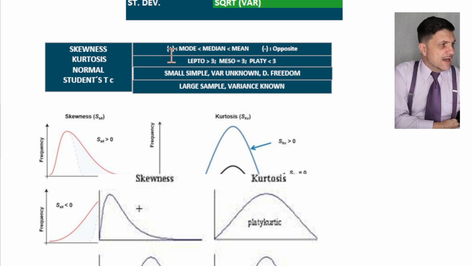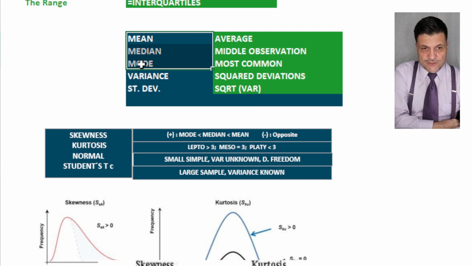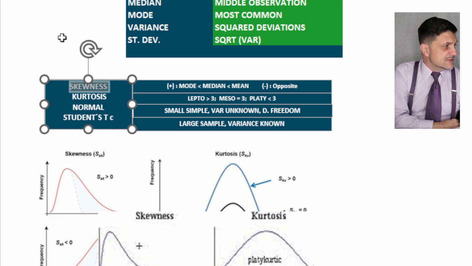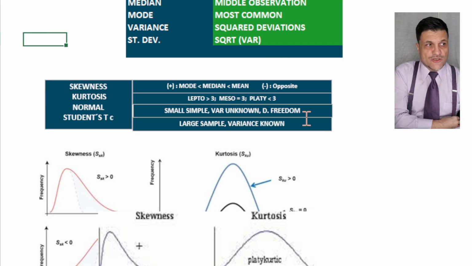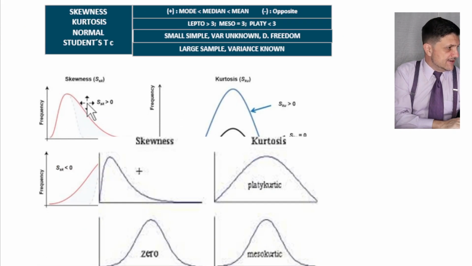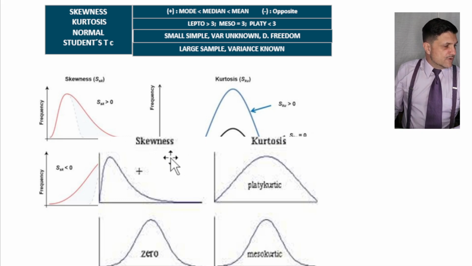In the normal scenario, the mean, the median, and the mode are at the same position in a normal distribution. But if there is skewness, it means that the distribution is not centered in the middle. This is an example of skewness right here. You can see that the tail pulls more to one side than the other.